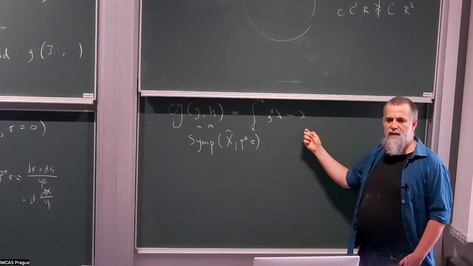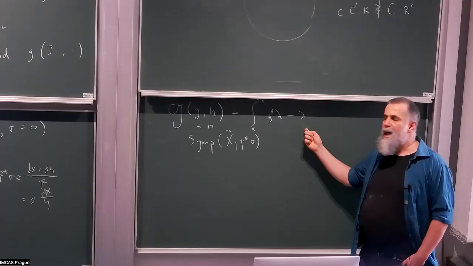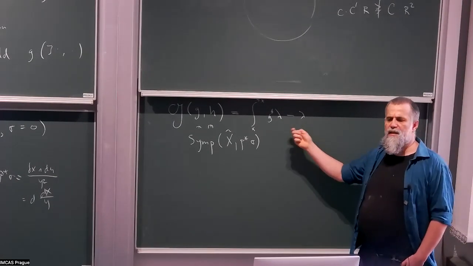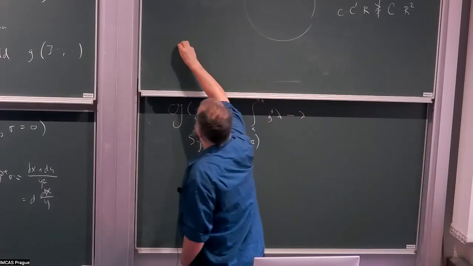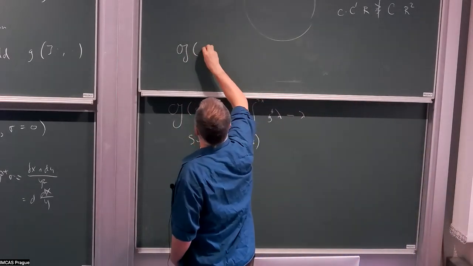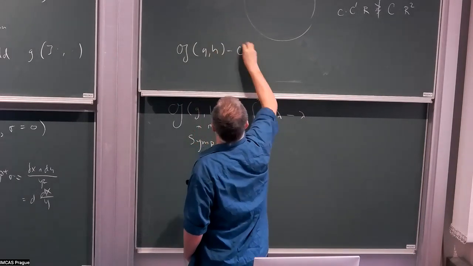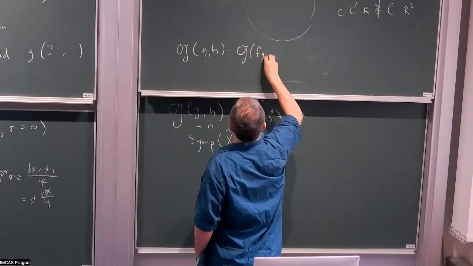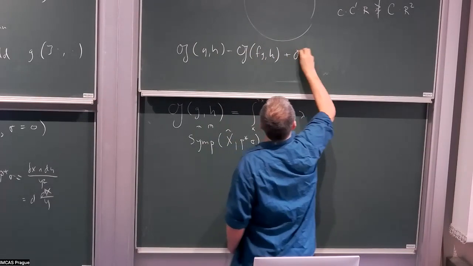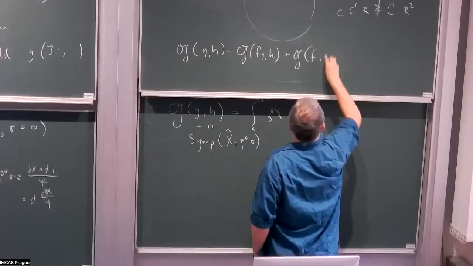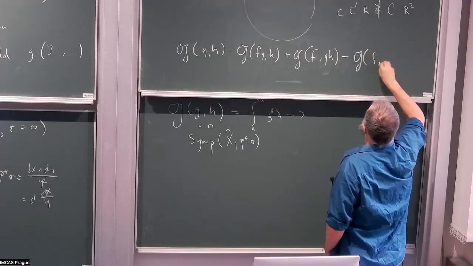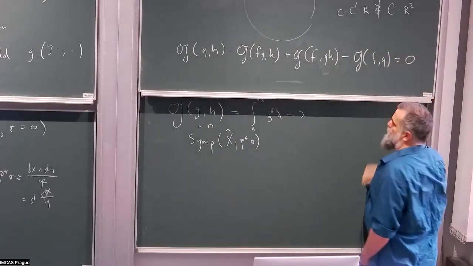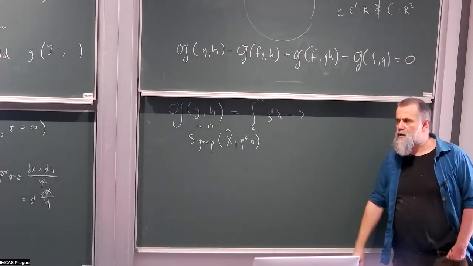So this makes sense, okay? And it's very easy to check that it actually satisfies the cocycle identity, which is g of gh minus g of fgh plus g of fgh minus g of fg equals 0. That's an easy computation.